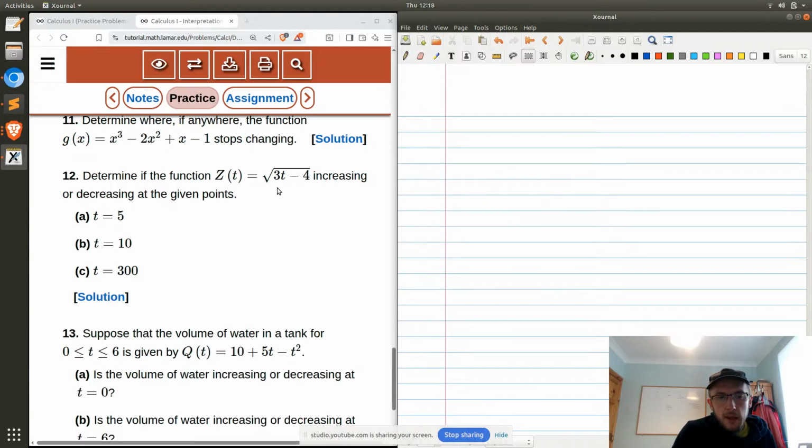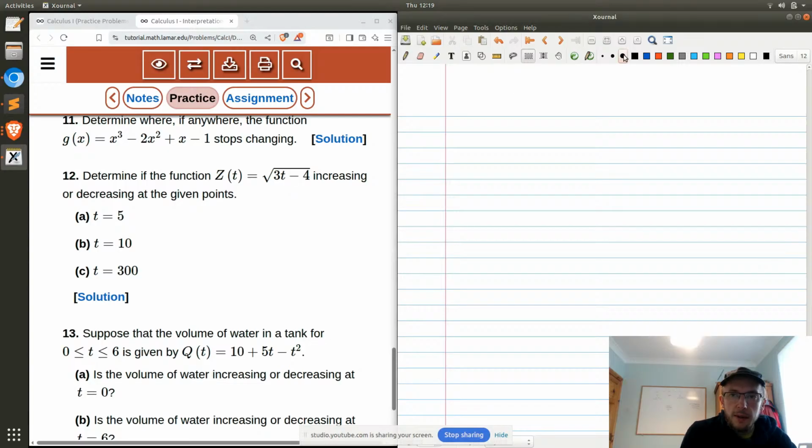So this is a square root function. And what happens if I multiply the argument of a square root function by 3? Well, it stretches horizontally by 3. Okay, what happens if I subtract something from t? Like, what happens if I subtract 4 over 3?